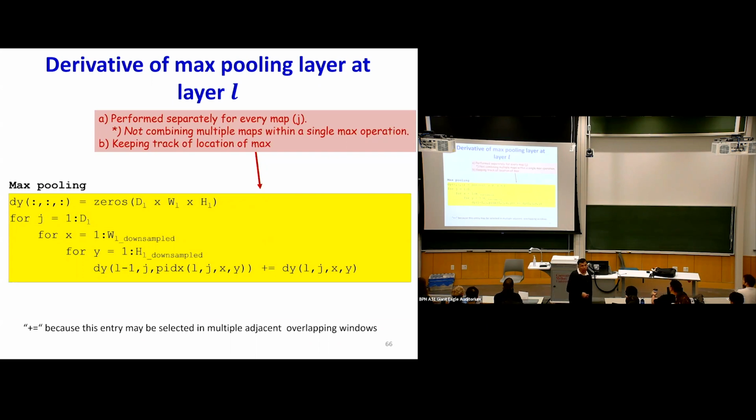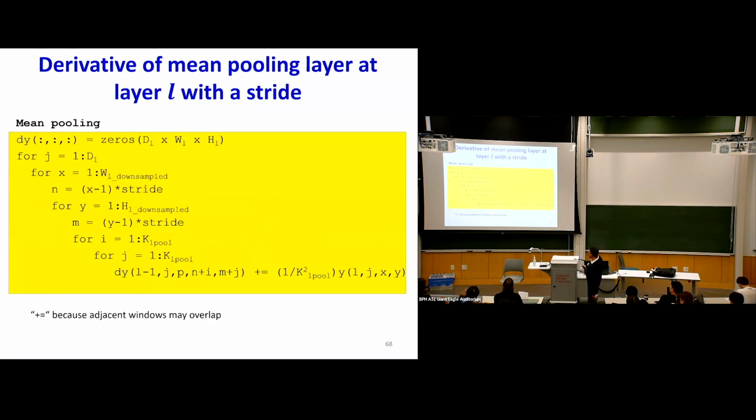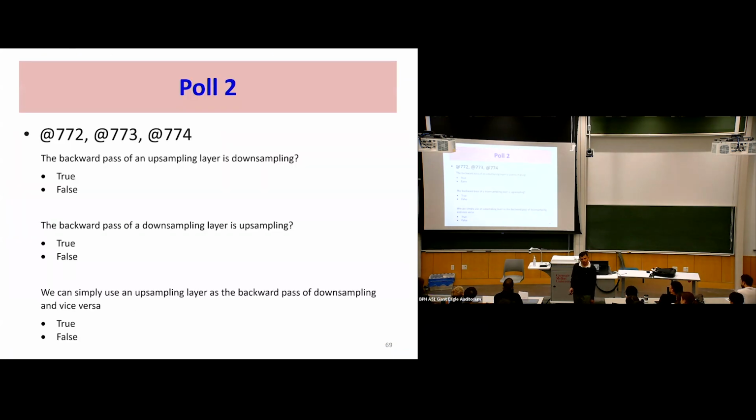I just copy the value over to the input derivative at that location. So the code is even simpler. And the same thing for mean. For mean pooling, you'd be going forward with a stride. When you're going backwards, again, all I do is flip the order of the computation and handle things.